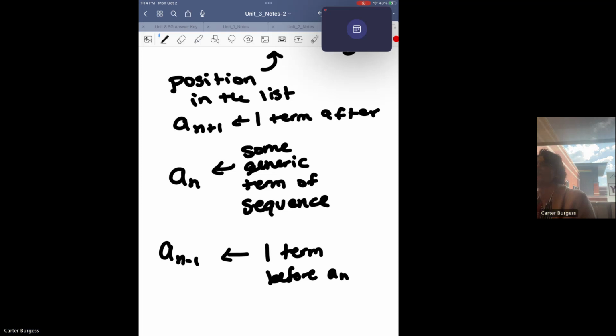So if I want to talk about a sub 7, I might reference the term that came before, which would be a sub 6. If I want to talk about what comes after, a sub n plus 1, for a sub 7 that would be a sub 8. Notice that I am not subtracting 1 from the actual value that I find there. I am simply moving to the left or to the right by 1.